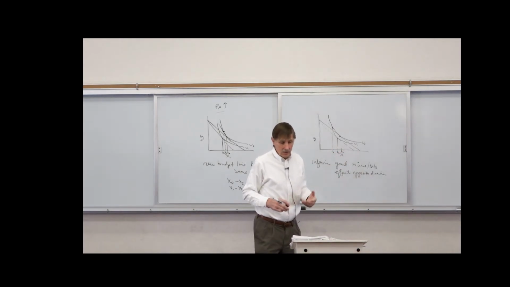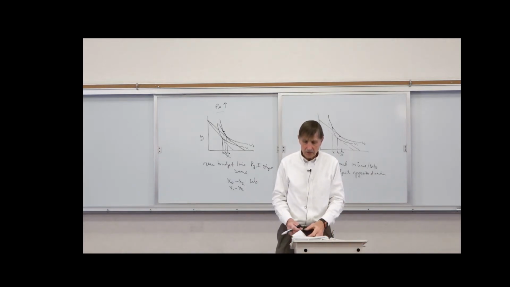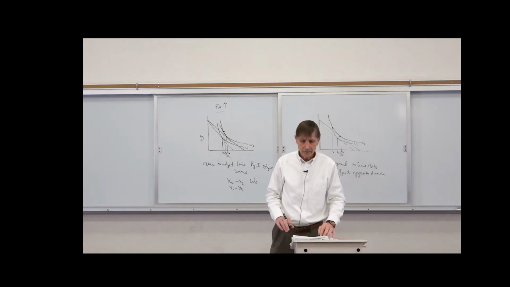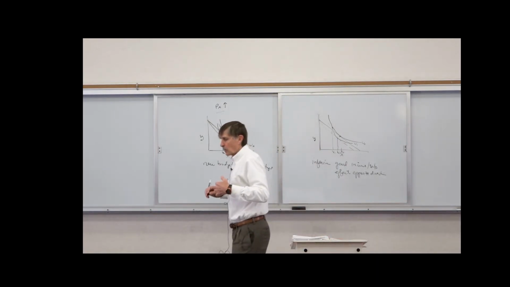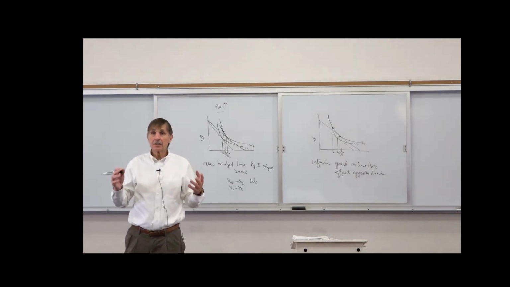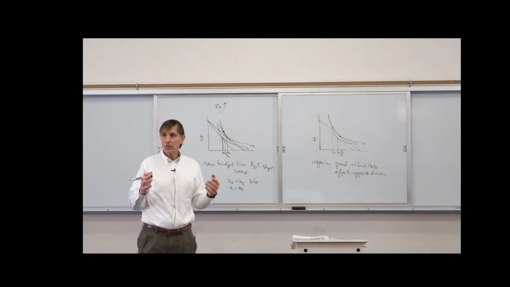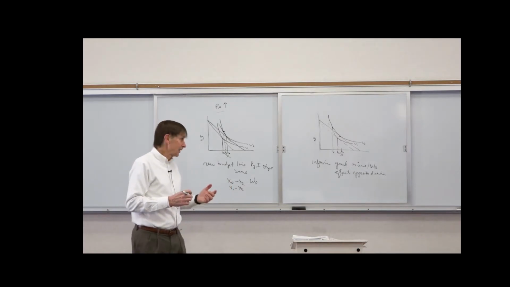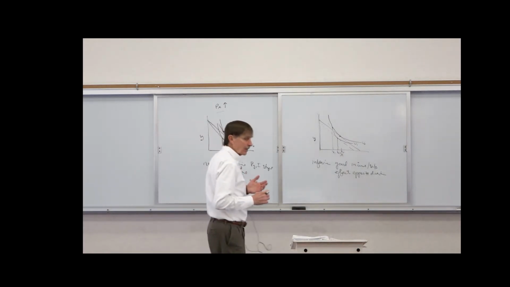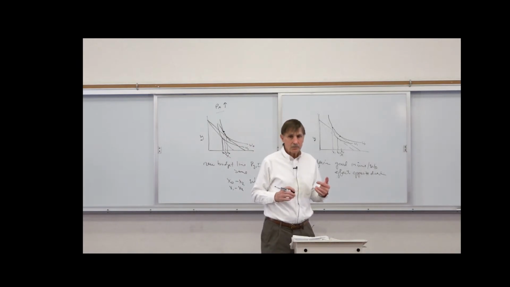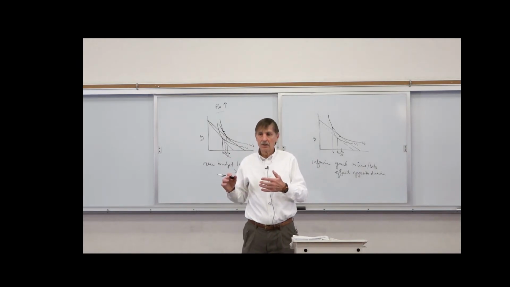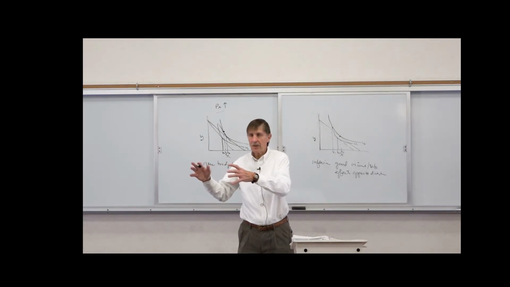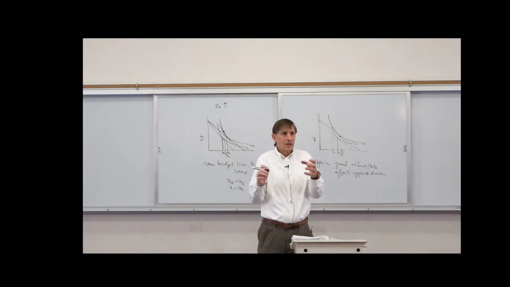But the point here then is we want to take a look at what the optimality condition is, right? Which is that the marginal rate of substitution has to be equal to the price ratio, and I'm going to separate out those two effects when I look at tax law, right?